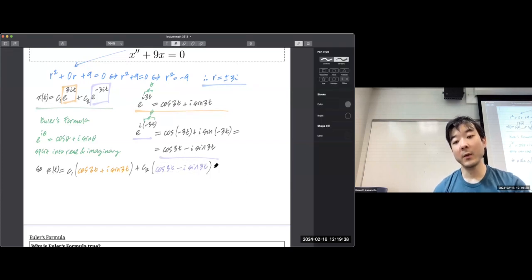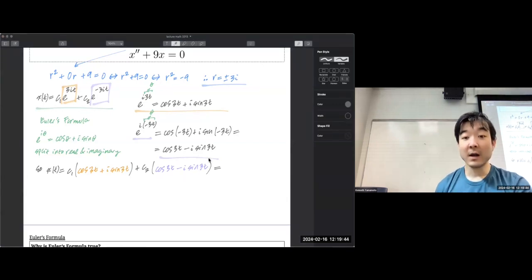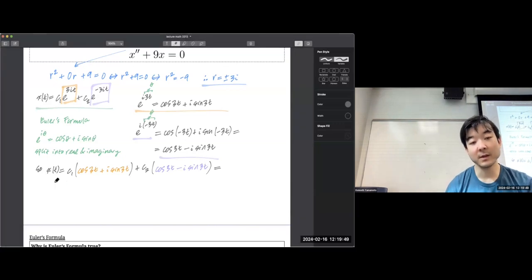And now I'm going to consolidate the terms that are real and imaginary between these two. I noticed that there is a cosine 3t here and a cosine 3t here, with a C1 and a C2. So I'll do this in one step.